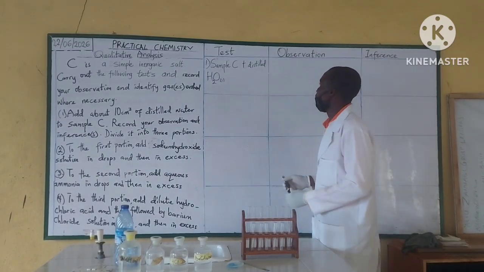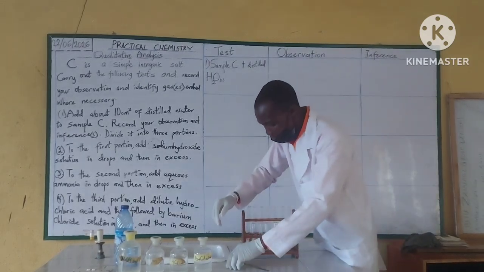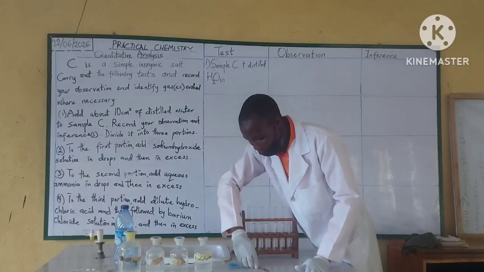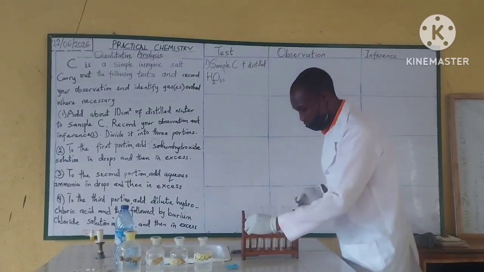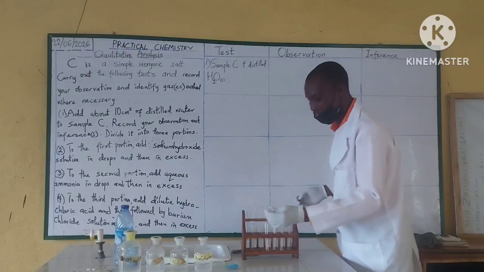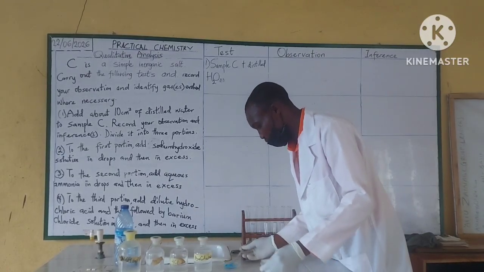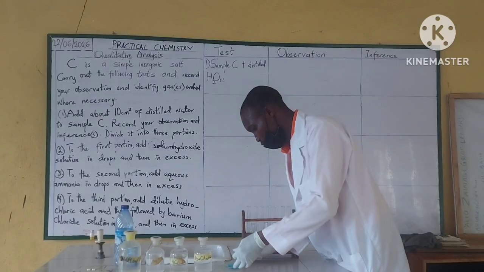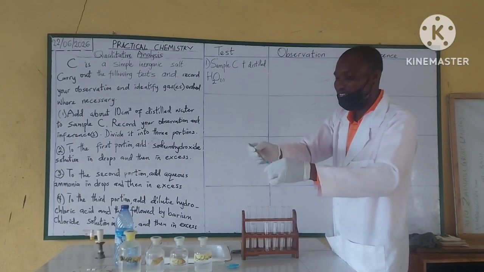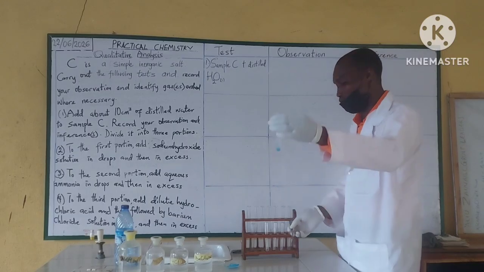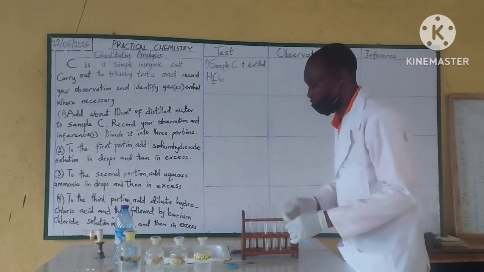It means we are to add to this sample C. You can get a test tube or your boiling tube with you, preferably a test tube. They must have given you this inside either a test tube or boiling tube. Just a spatula of it.